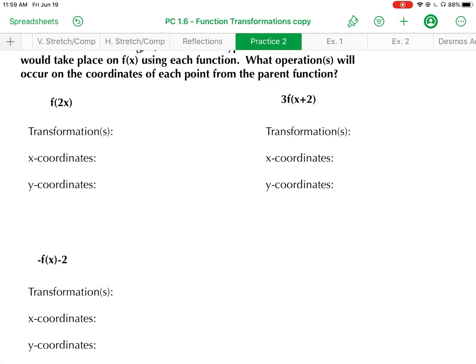And in the case of f of 2x, the 2 is inside the function, so that's going to have a horizontal effect. We will have a horizontal compression in this case. Okay.